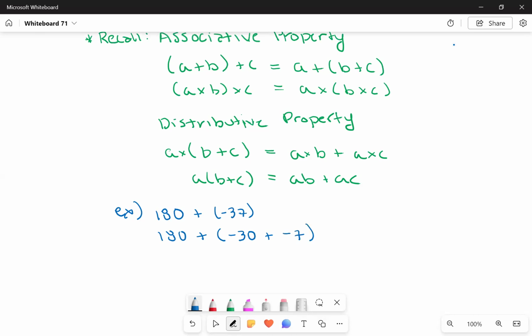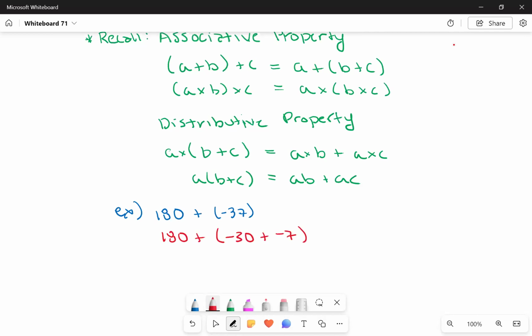Because that way we can bring the two items with the tens together. I just realized I did it in the wrong color. Plus negative 30 plus negative 7.